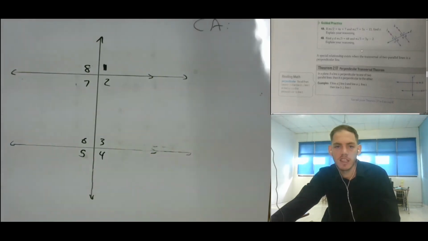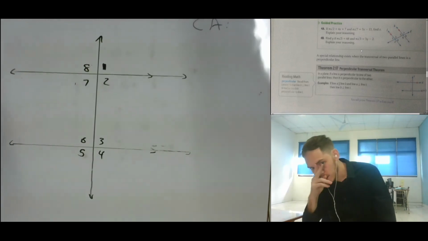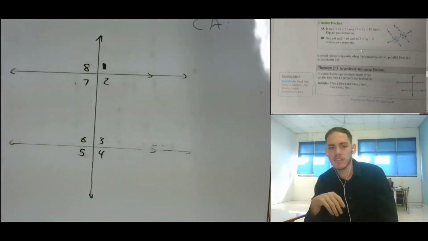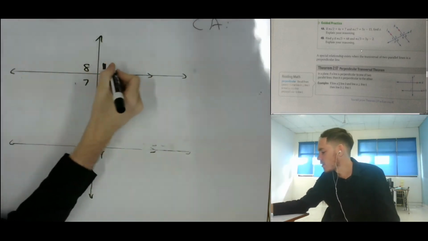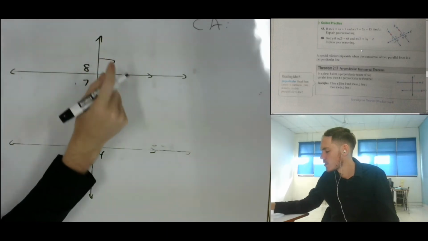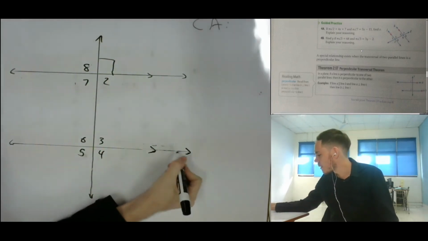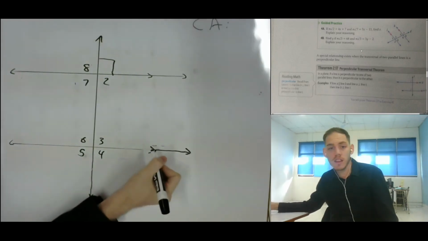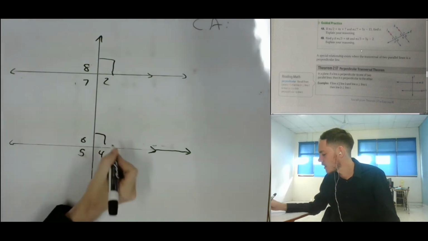Okay, perpendicular transversal theorem. If in a plane, a line is perpendicular to one of two parallel lines. So, for example, this was perpendicular right here. If this is perpendicular and these two lines are parallel, then it's perpendicular also to the other. Okay?